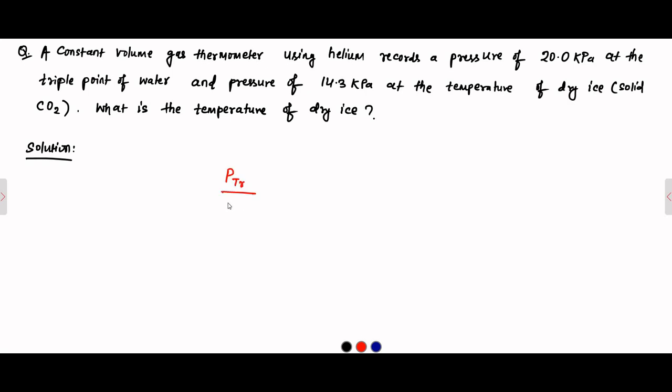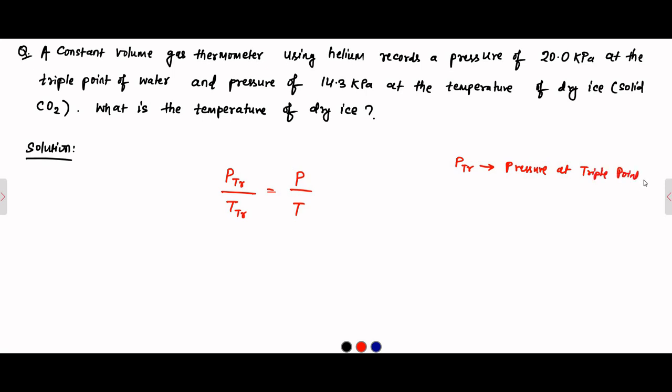P_TR by T_TR is equal to P by T. Here P_TR is the pressure at the triple point of water.